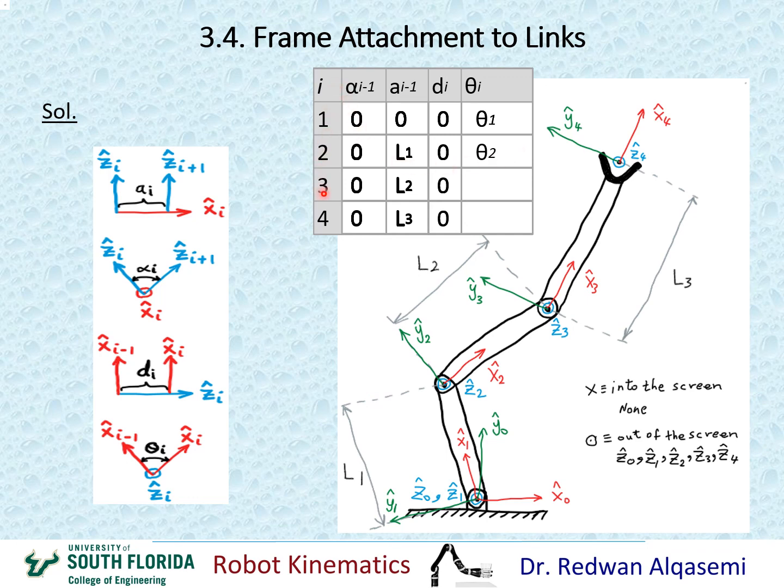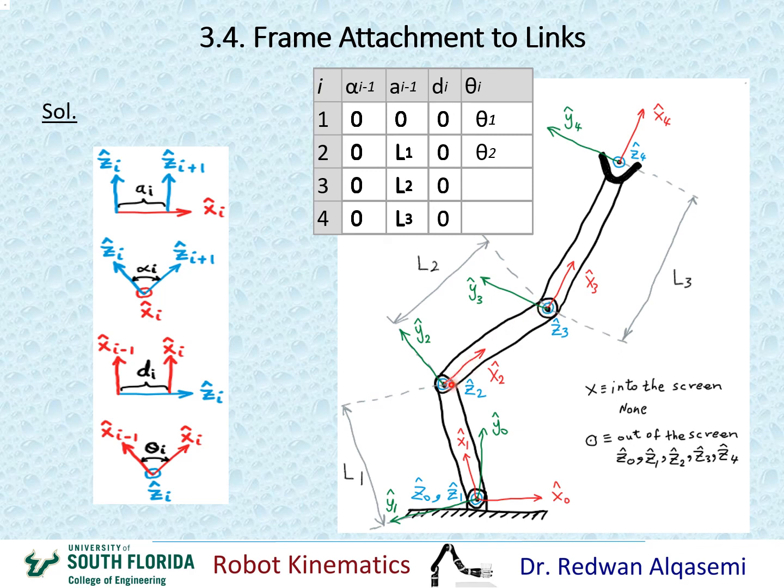Now when I equals to 3, I'll be looking at theta I, which is theta 3. So from here again, for theta 3, I'll be looking at x2 and x3 about z3. This is x2 and this is x3, and I'm looking at the angle between them about z3, which is coming out the screen right here.